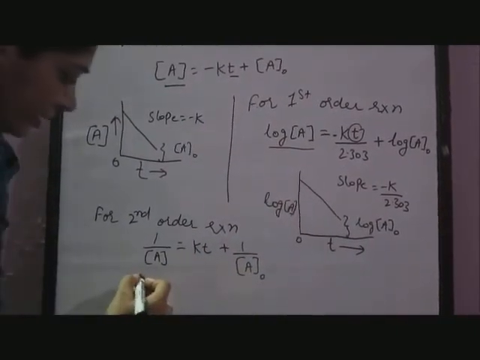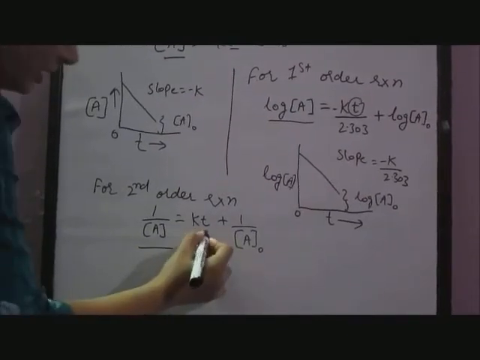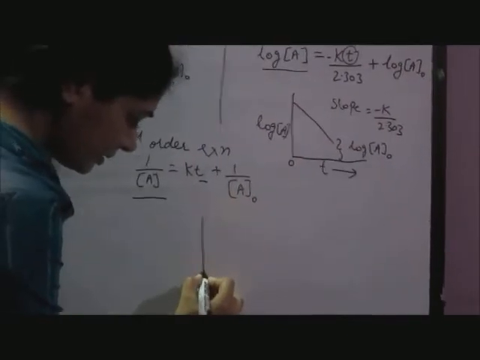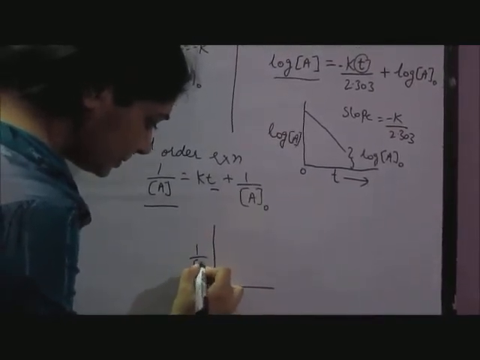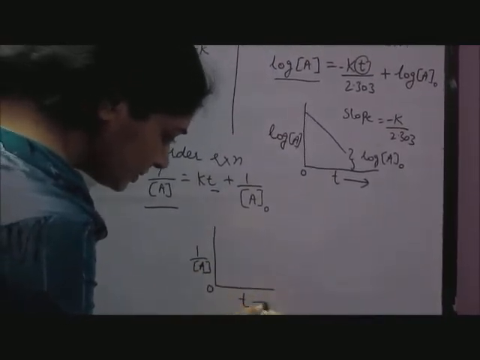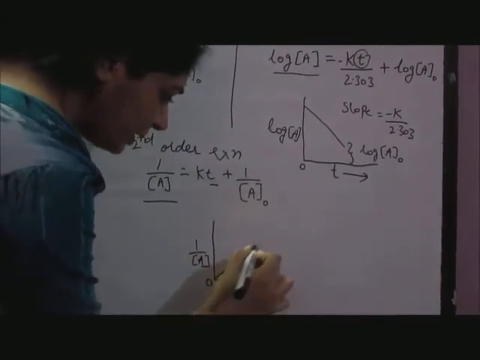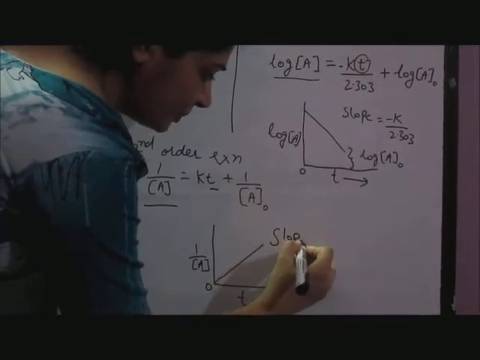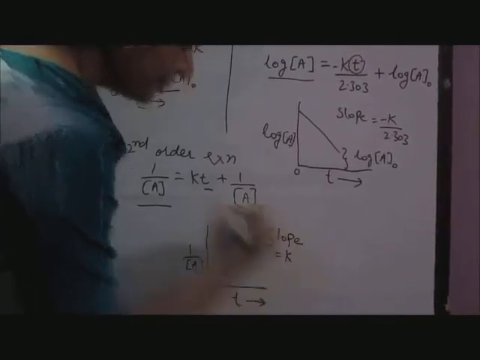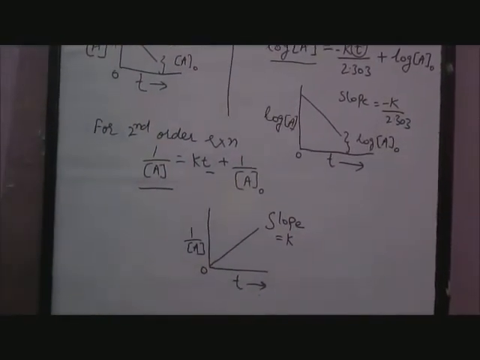If we plot a graph between 1 by A and t, we get a straight line with positive slope, that is K.